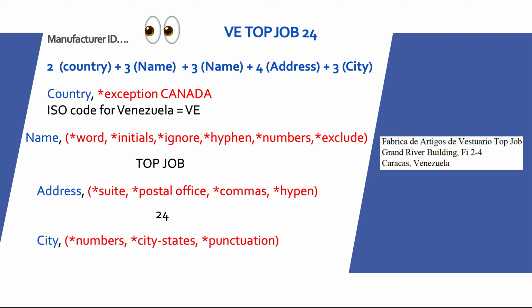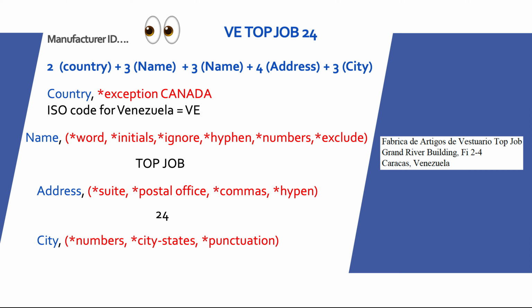Now for the city. The city asks for 3 characters, the first 3 characters of the city. If you have commas or hyphens in your city, then ignore them. If you have numerals in the city line, they should be ignored as well.